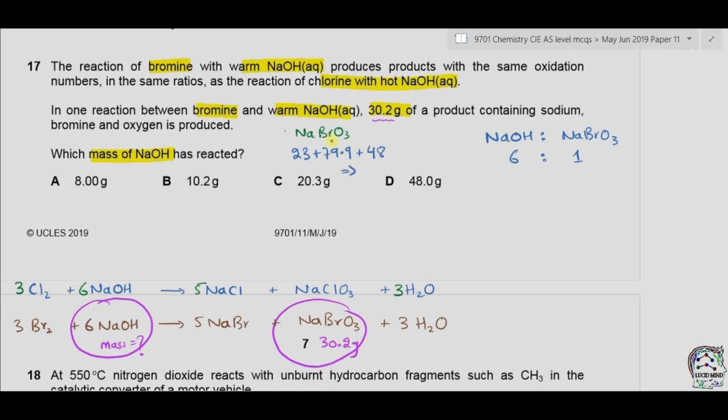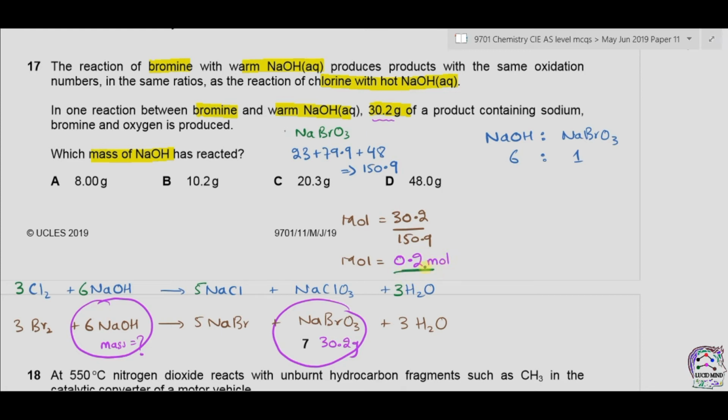So the total molecular mass of sodium bromate is equal to 150.9. We can find the number of moles as moles is equal to mass in grams divided by molecular mass. So mass in grams is 30.2 and molecular mass is 150.9. So the number of moles is 0.2 moles.